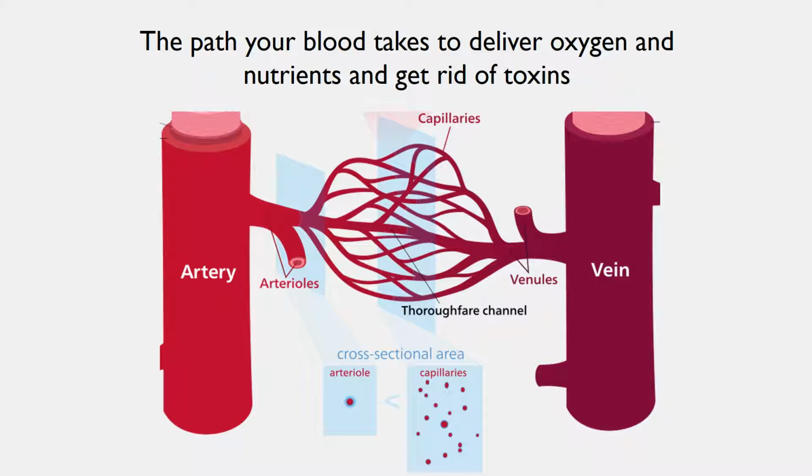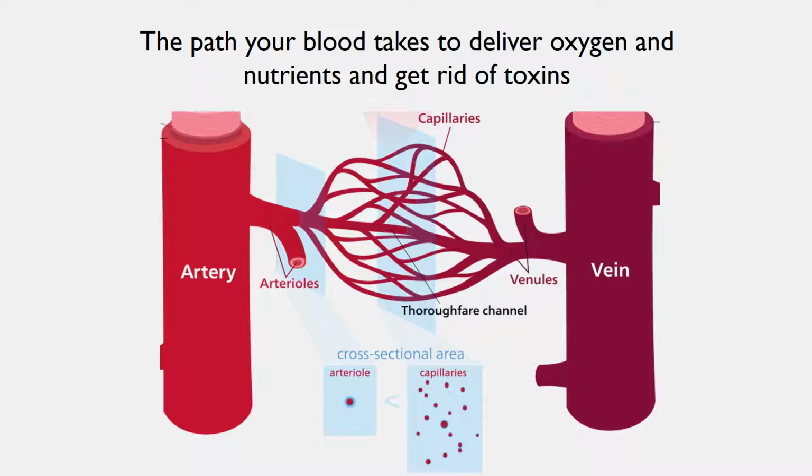The microcirculation is so important. We're going to drive this point home even further because the path your blood takes to deliver the oxygen and nutrients and to get rid of toxins is the key component of you being able to get healthy and stay healthy for life.